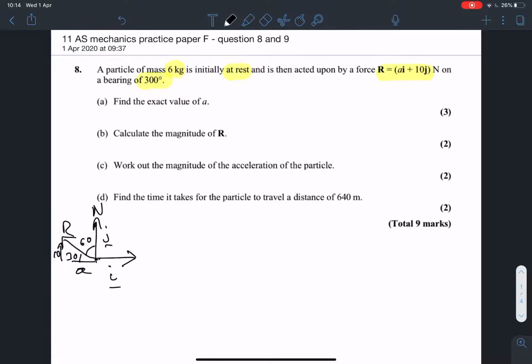So if we work with the 30 degree angle, tan of 30 is equal to 10, the opposite, over the adjacent, A. So A equals 10 over tan of 30.